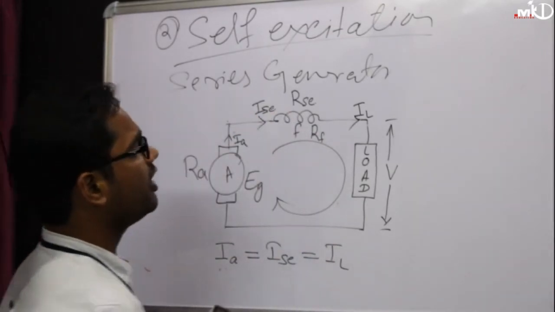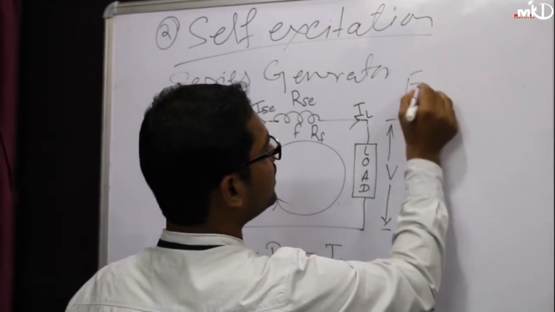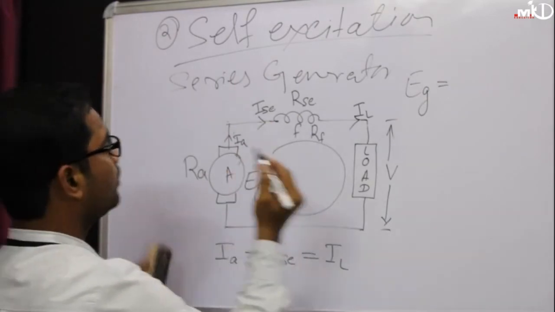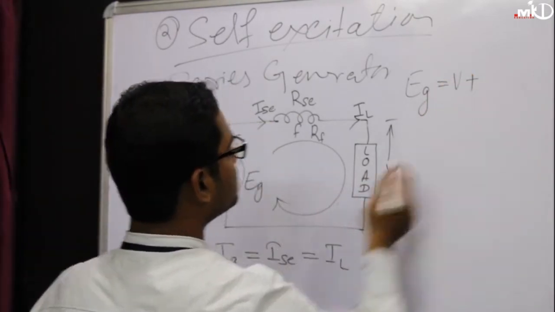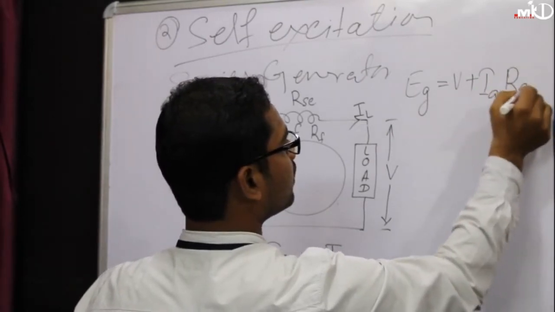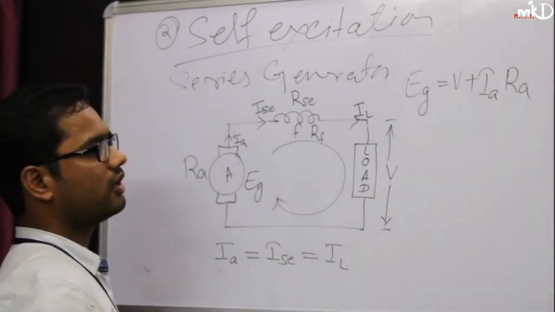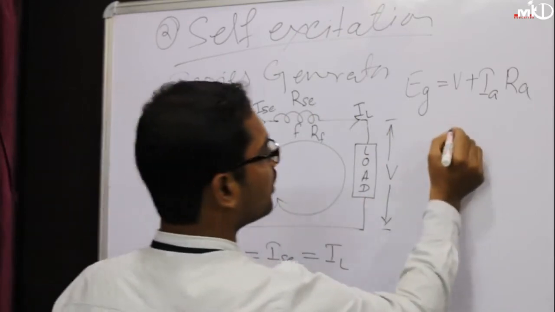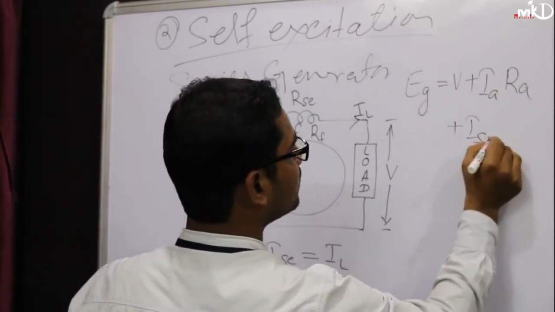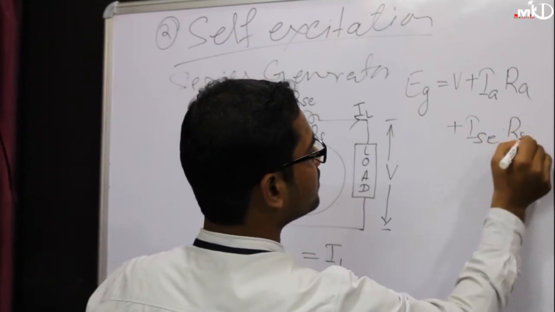So how do we find out your EMF? Now EG equals the same thing, apply voltage law here. So it is V plus IA, the armature current, times RA, the resistance of armature, plus another winding is present here, ISE into RSE.